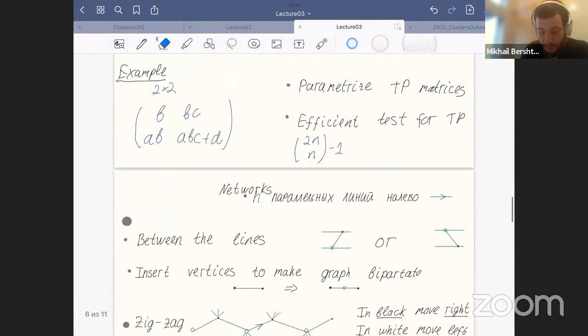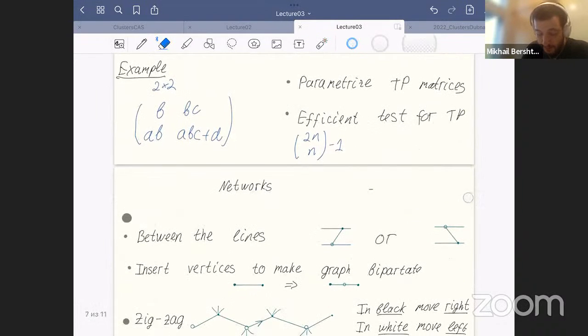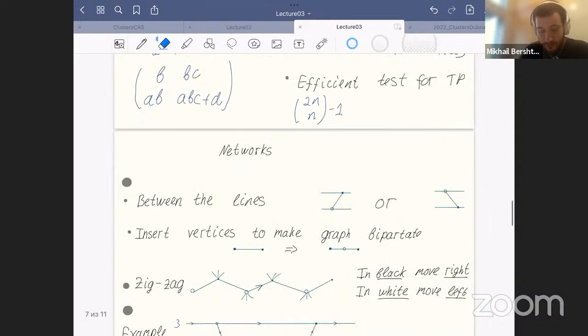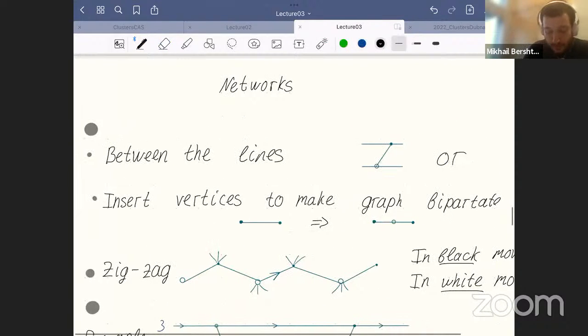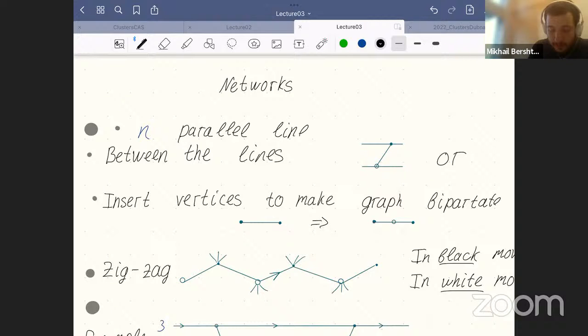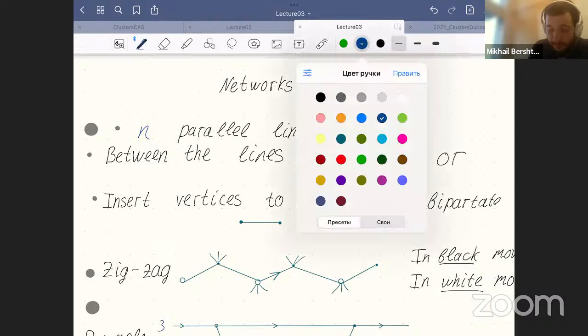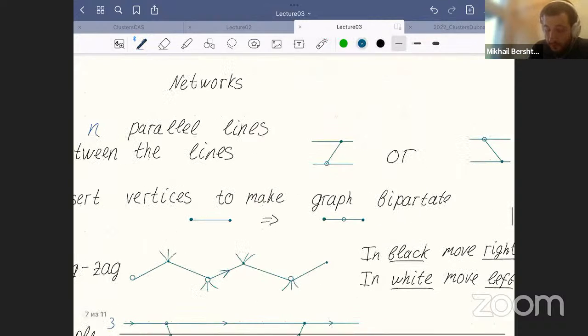Okay, we'll have some networks. A network will consist of n parallel lines. I will draw these lines in a teal color.